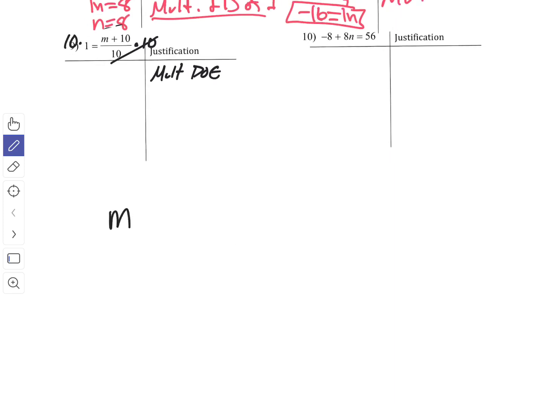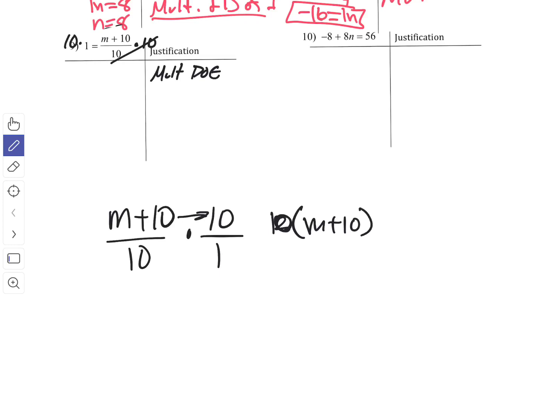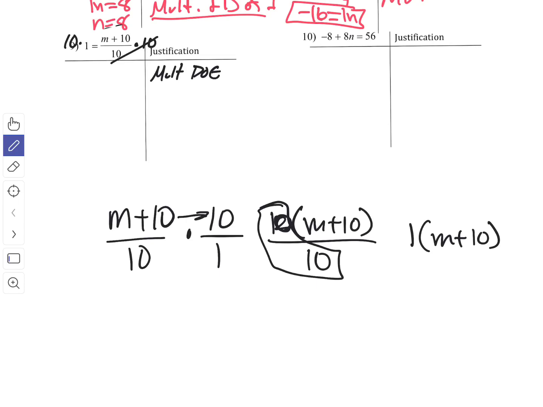Because really, what's happening here is this: we're timesing by 10 over 1 because we're multiplying by a fraction. So I go 10 times m plus 10 over 10 times 1, which is 10. Then we see 10 over 10 becomes 1 times m plus 10. Then we can eliminate that 1 because of the multiplicative identity, and we get to 10.